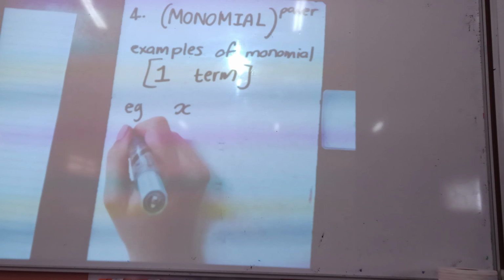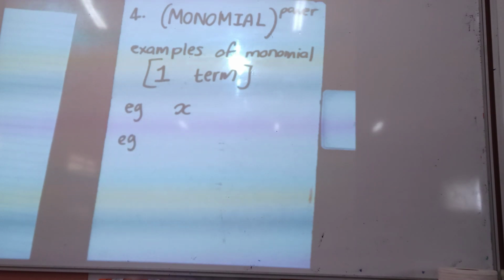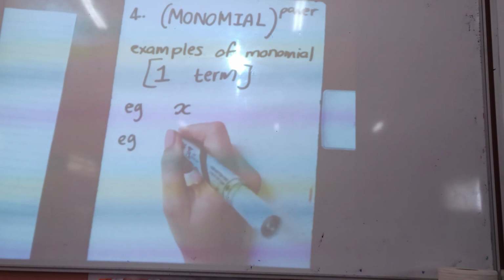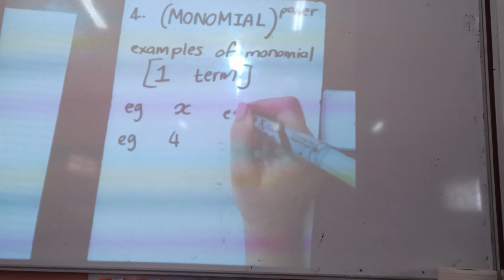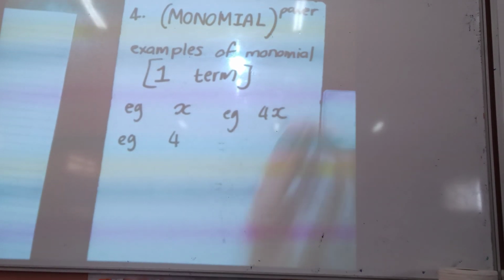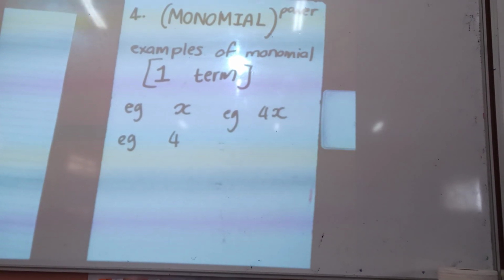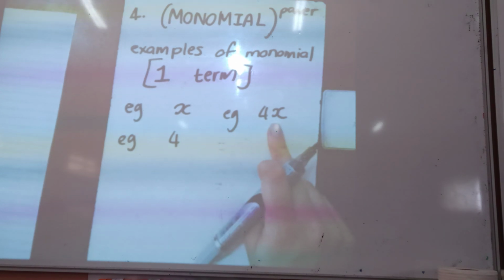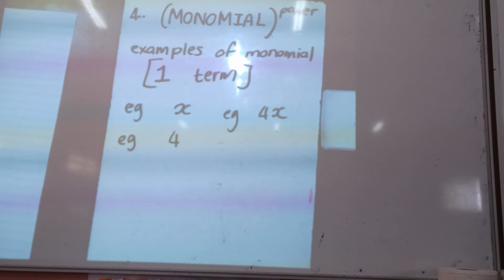What other examples do we have of monomials? 4. What about 4x? Is that a monomial? Yes. This is one term. Because what joins things together? No, timesing joins things together. What separates things? Divide. Adding or subtracting.